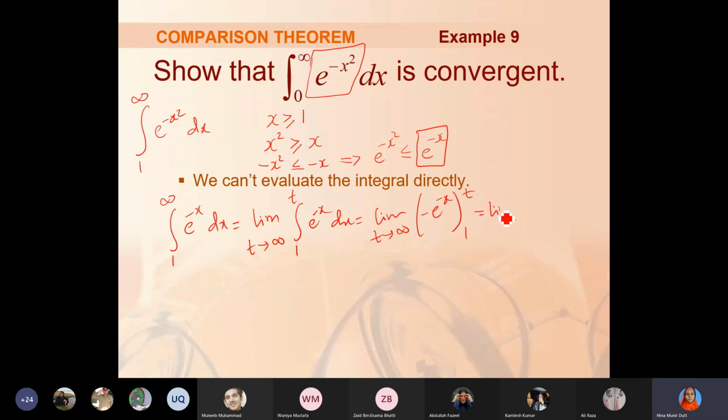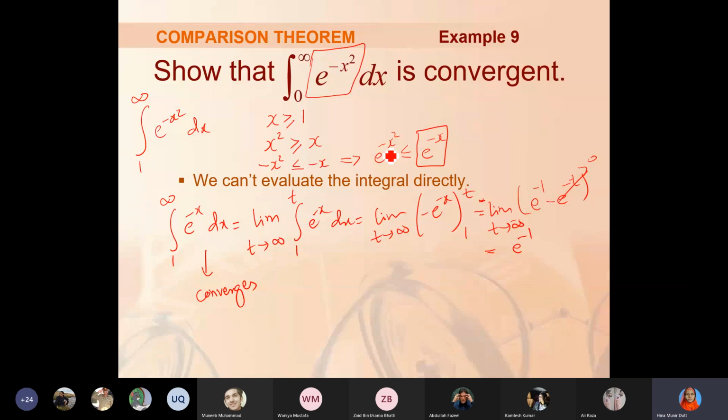This is limit t approaches infinity of e power minus 1 minus e power minus t. This approaches 0 when t approaches infinity. So my answer is e power minus 1. Is it a finite number or an infinite number? Finite. So it means this integral is convergent. This integral converges.